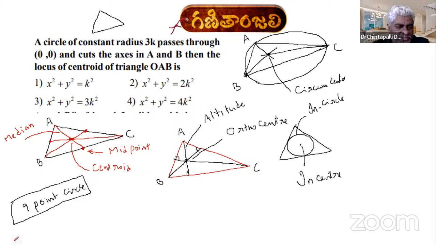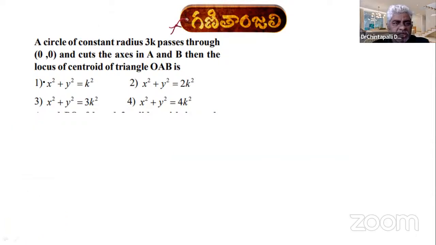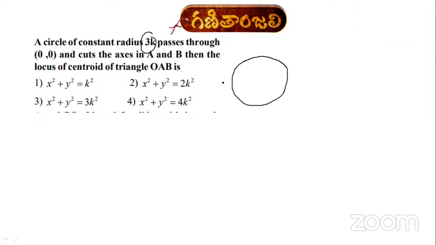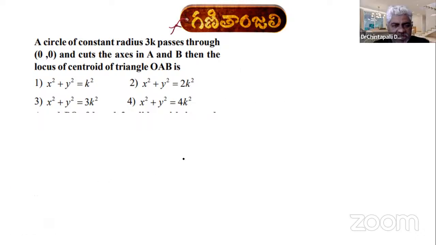Now the question is: a circle of constant radius 3k. So there is a circle whose radius is 3k, right? Passing through 0, 0. Take the x-axis and y-axis. A circle of constant radius 3k passing through 0, 0.